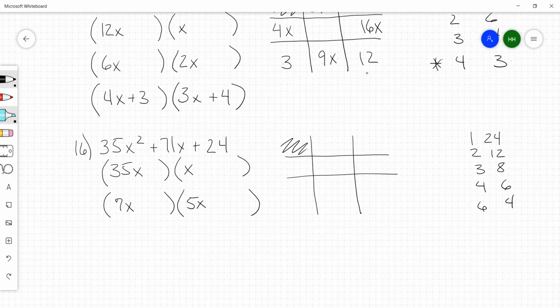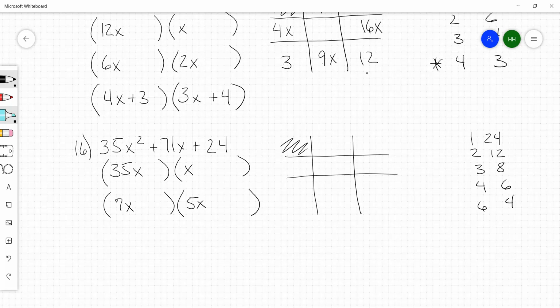I got to get all the way to 70 in the middle. So 35 times 2, that's too big. That would be 70, but then I need 12. That's too much. Let's see. 7 times 3 is 21, and 5 times 8 is 40. 21 and 40, that's 61.